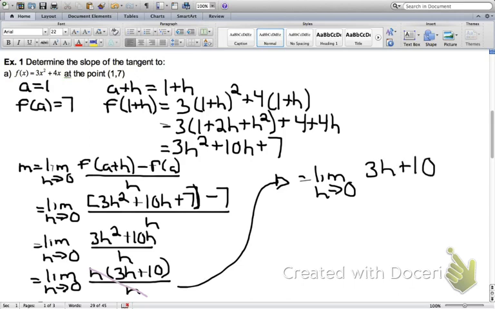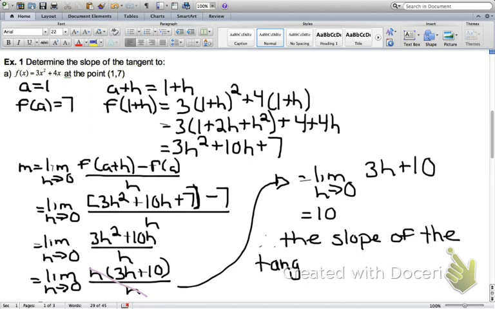And when we look at the limit of h approaching 0, if we sub that 0 in for our h value, we're just going to be left with 10. So therefore, the slope of the tangent is 10.